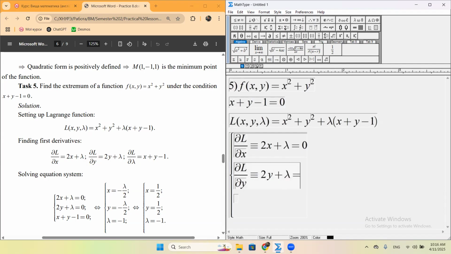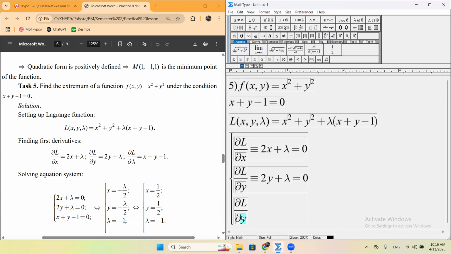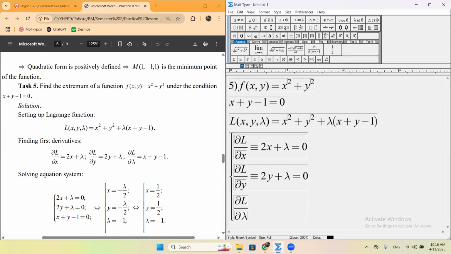And of course, it will have to equal 0. And also we have to differentiate by lambda. Here we can just copy and paste this condition. So we found the first derivatives.